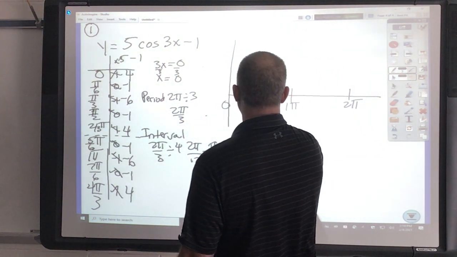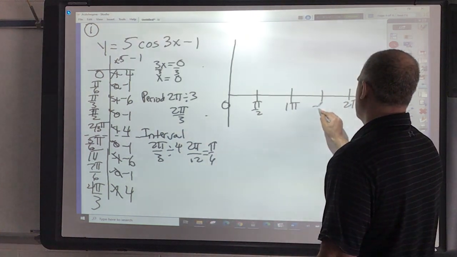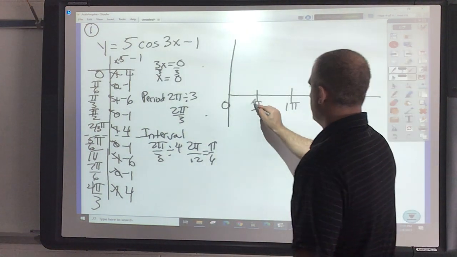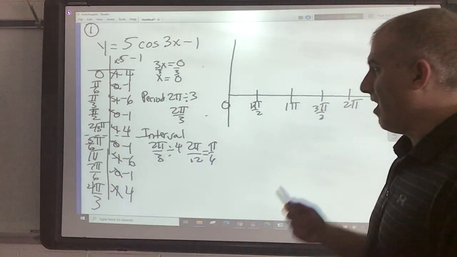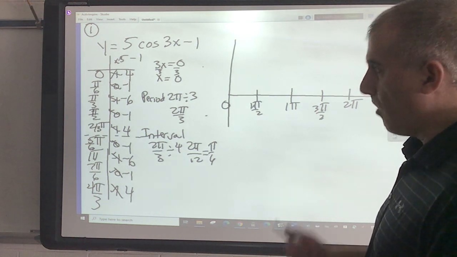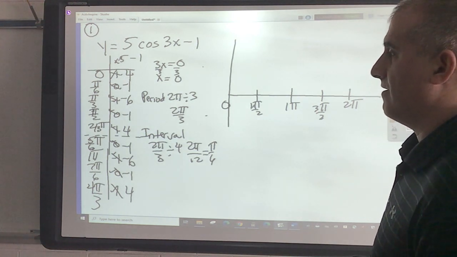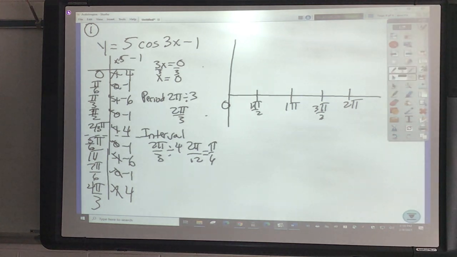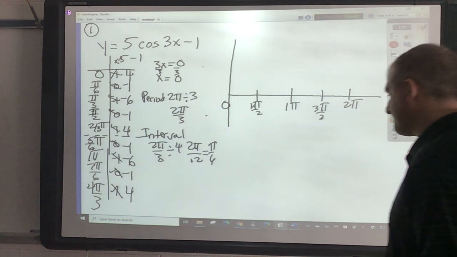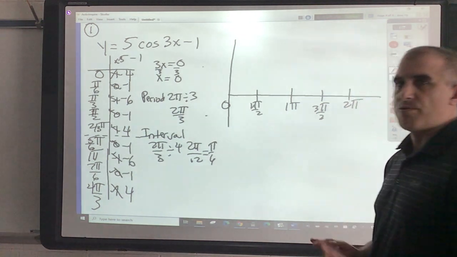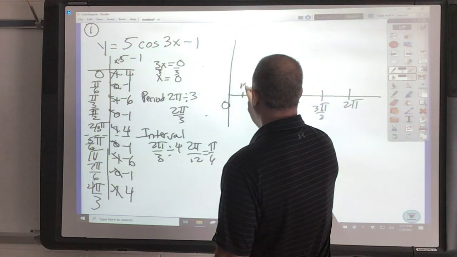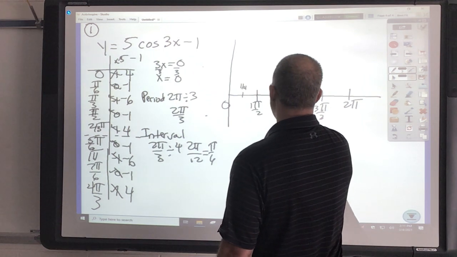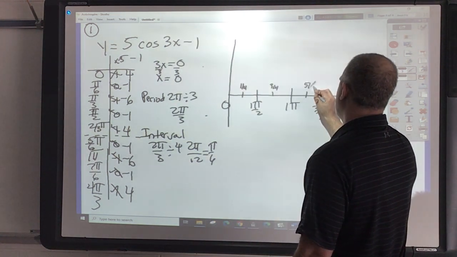Halfway would be pi over 2. Halfway would be 3 pi over 2. Now, so we say, Mr. Evans, I got no idea what 1/6, 1/3, 1/2, 2/3, 5/6 are. Now, still break them into quarters. Still break them into quarters. 1/4, 3, 5, 7.